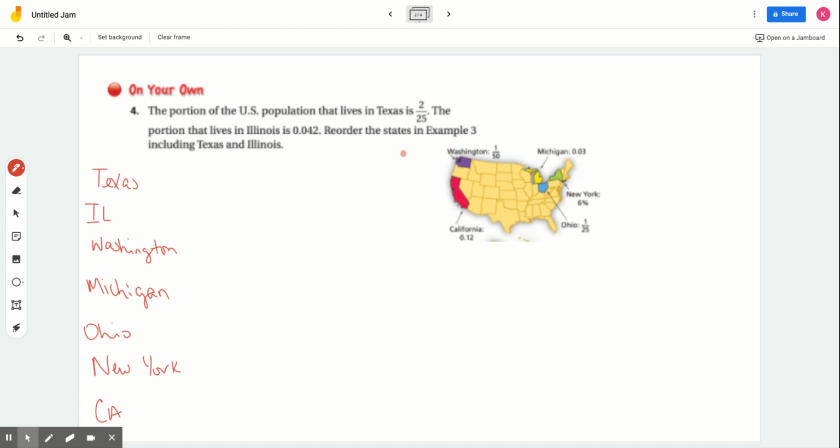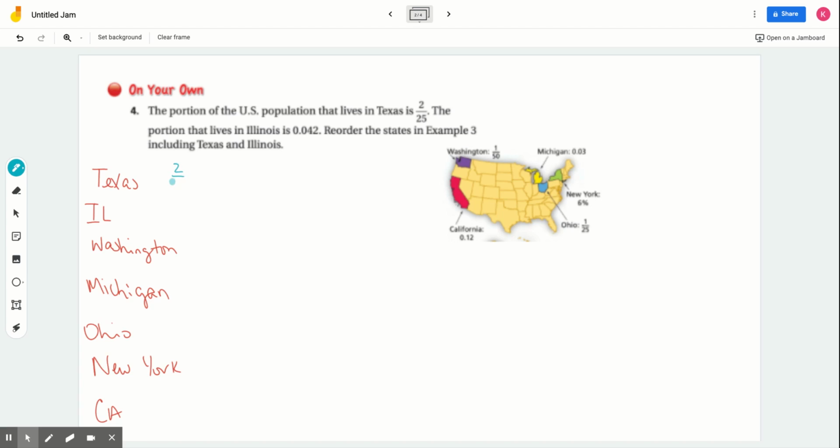Okay, now we should have 1, 2, 3, 4, 5, 6, 7 states listed. Let's go ahead and then write down the fraction, decimal, or percent we were given for each one.